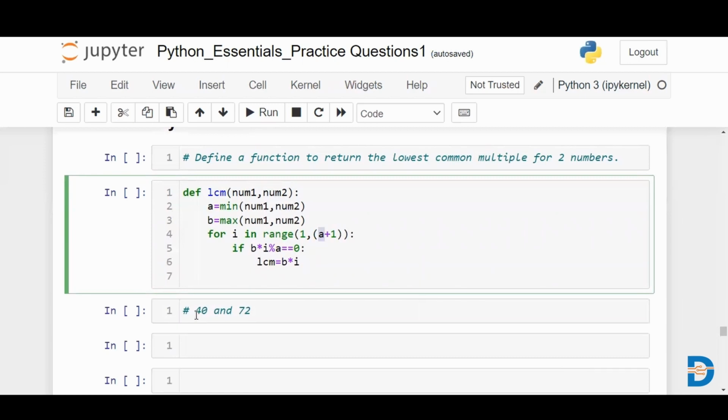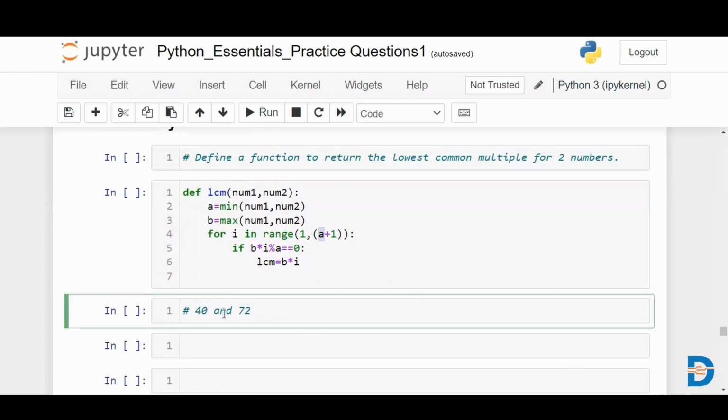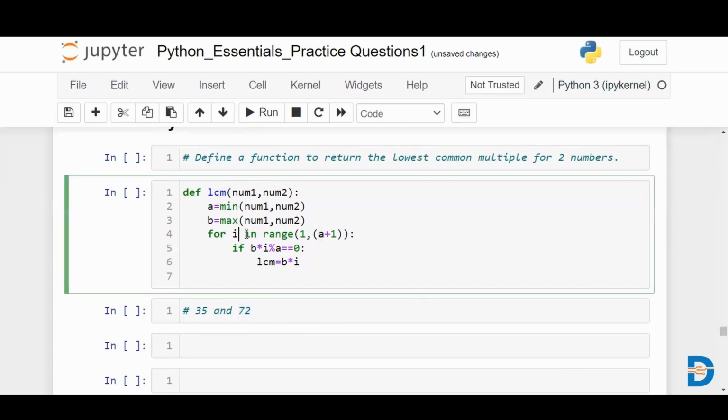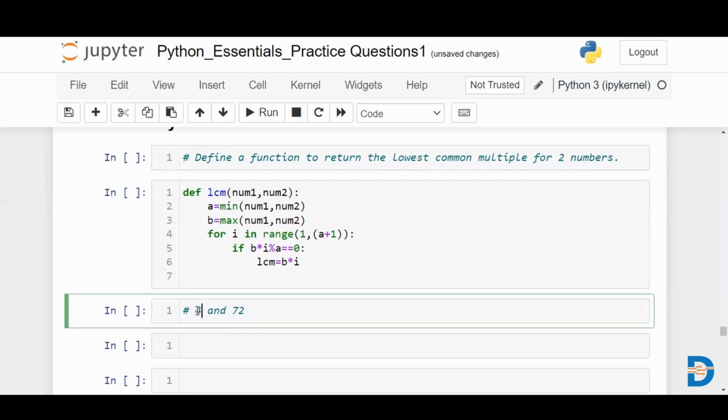So if there is no common factors at all between 40 and 72, okay? For instance, if this was a 35, 35 is 5 times 7, neither 5 nor 7 divide 72. So you will actually end up going all the way to this value of A, and your LCM would be B times A.